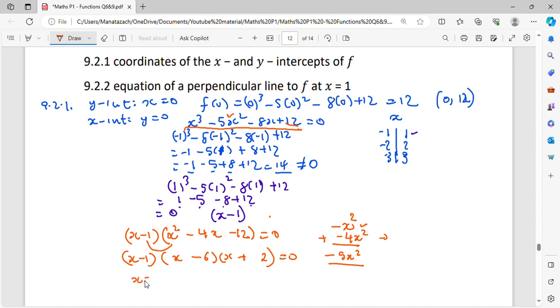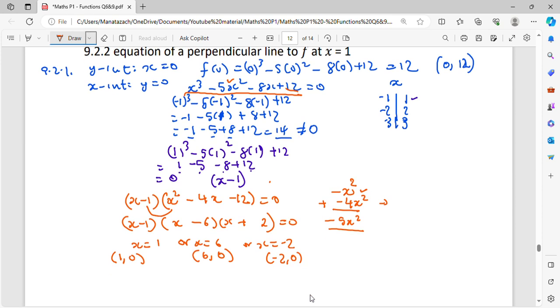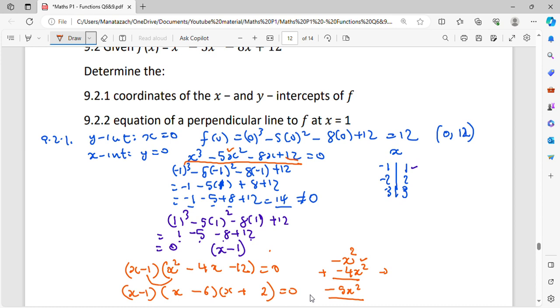So here you'll have x is equal to 1, or x is 6, or x is minus 2. So the x coordinates are 1 and 0, here you have 6 and 0, then here you have minus 2 and 0. Now, yes, we've answered the first question.